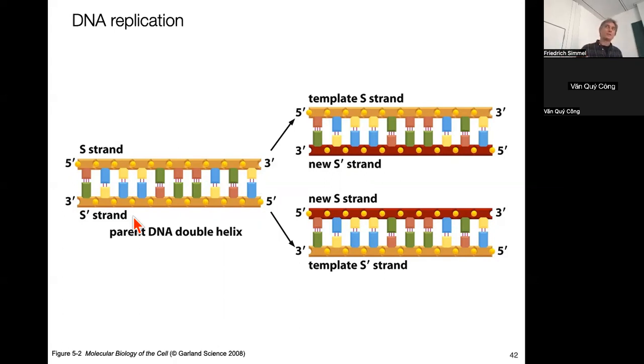That's why this type of replication is also called semi-conservative replication, because in the daughter molecules you have one of the original strands and one newly synthesized strand. That means half of the information is carried over from the previous generation.